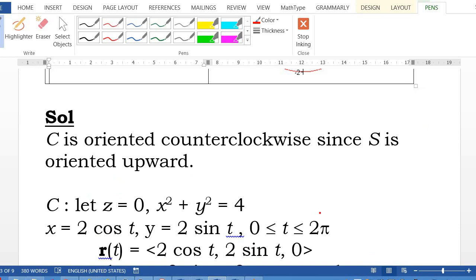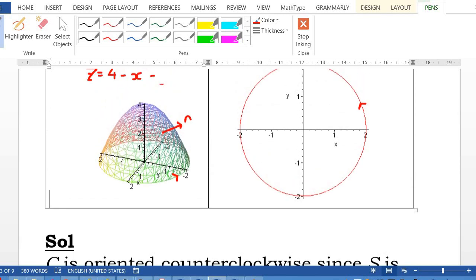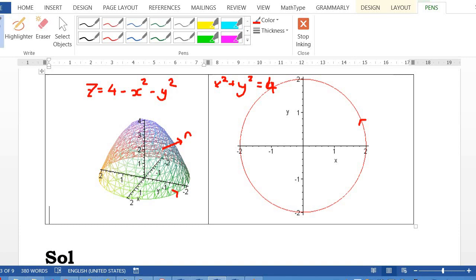First of all, we will do the line integral of F dot dr along the curve C. Curve C here is the circle x squared plus y squared equals 4.